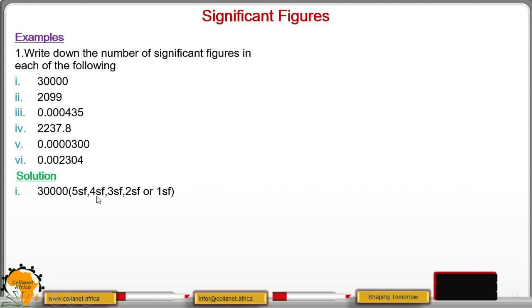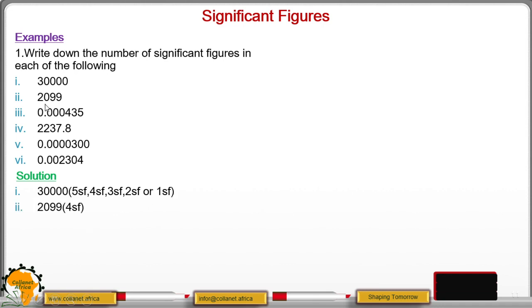If it is 4 significant figures, then the last 0 is not important, so you count 1, 2, 3, and 4. If it is correct to 1 significant figure, you just count the non-zero digit. So this number can be correct to 5, 4, 3, 2, or even 1 significant figure.